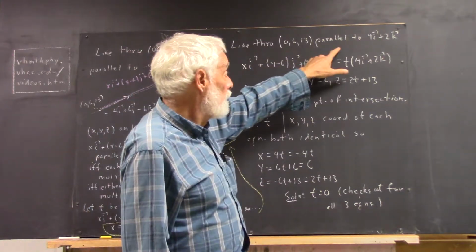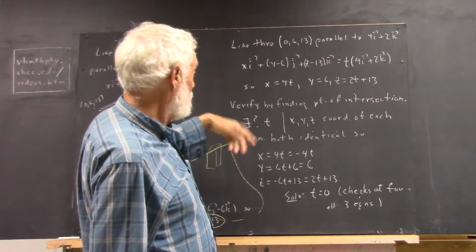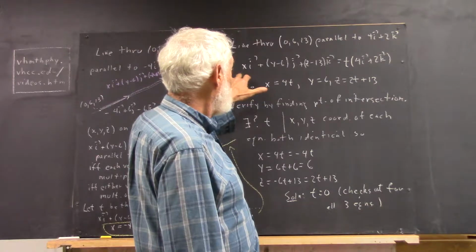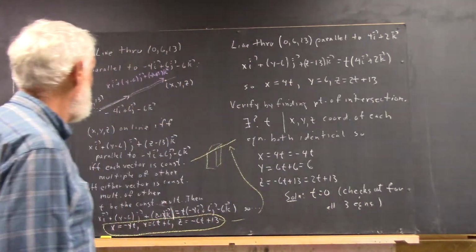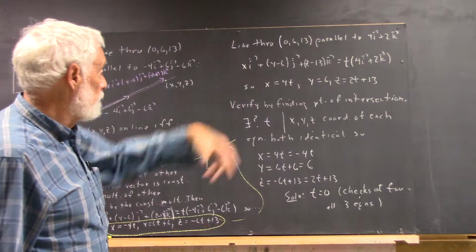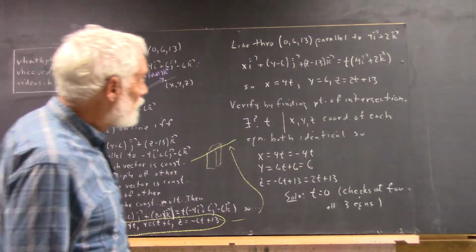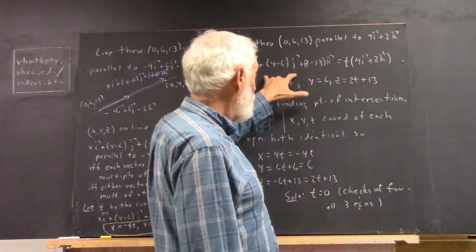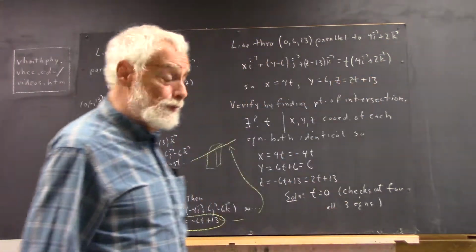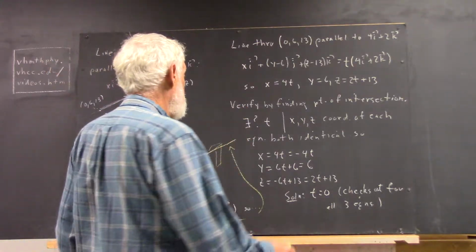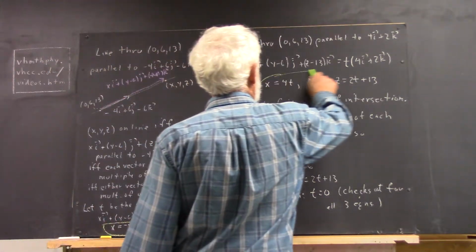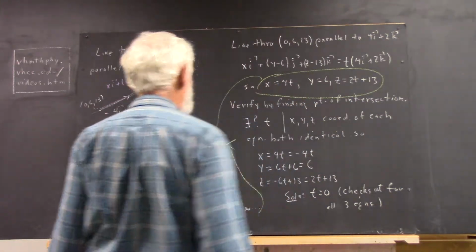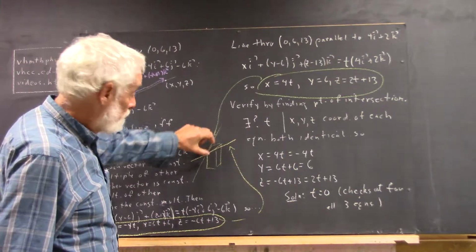By similar reasoning, we have the vector xi + (y - 6)j + (z - 13)k equal to t times (4i + 2k), because now this vector is parallel to this vector. We get our three equations here, and that might be the line through this edge.